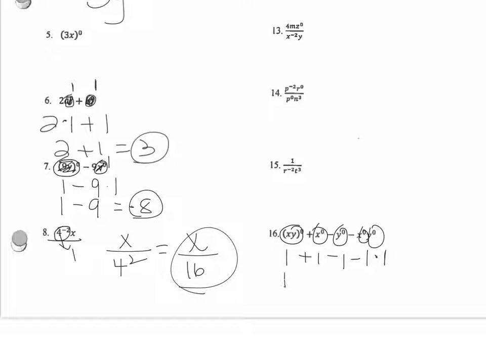Follow PEMDAS, 1 plus 1 minus 1 minus 1 times 1 is 1. 1 plus 1 is 2. 2 minus 1 is 1. 1 minus 1, 0. Flip your paper for me, please.